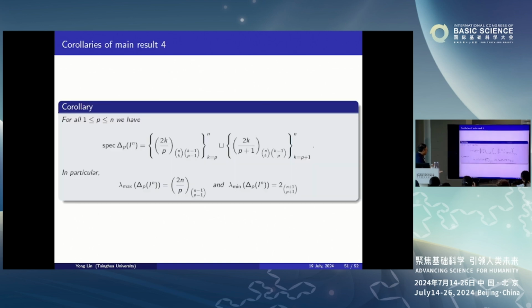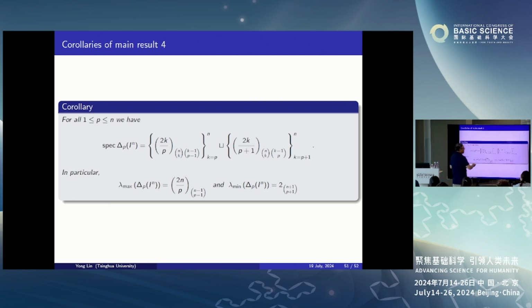Then we classify all the spectrum of this In for any P between 1 and n. This is the multiplicity of these eigenvalues.